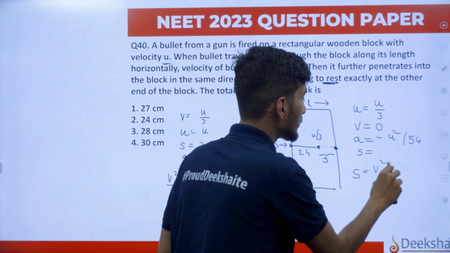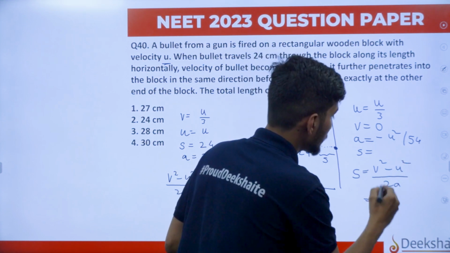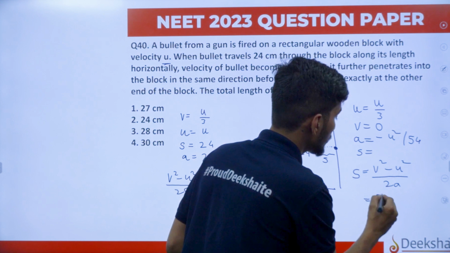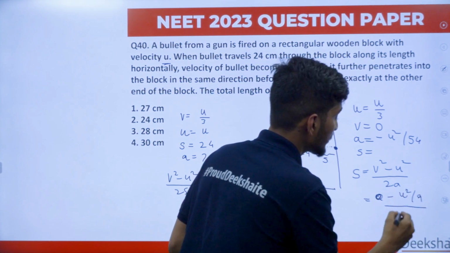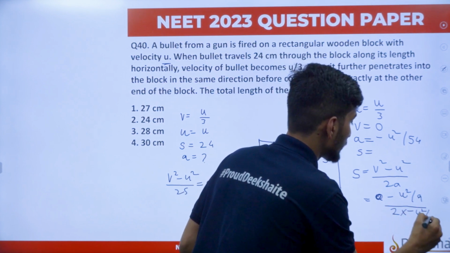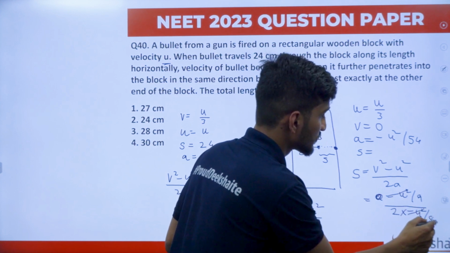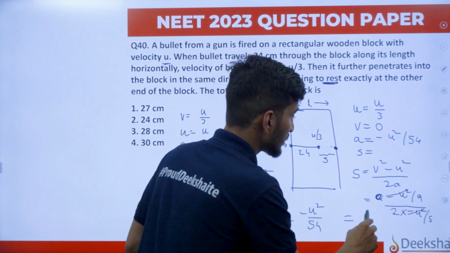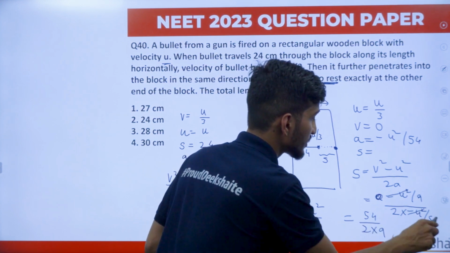Again, third equation, v square minus u square by 2a. So that's going to be 0 minus u square by 9 divided by 2 into minus u square by 54. Minus u square cancels out, and I get 54 by 2 into 9. That's what I get.